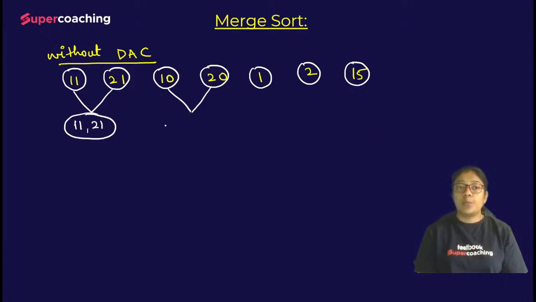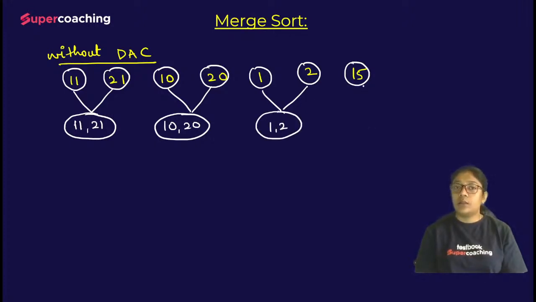Merge them, the output will be 10 and 20. Merge the next two elements, the output will be 1 and 2. Take the next element. There is only one element, so it comes as it is.